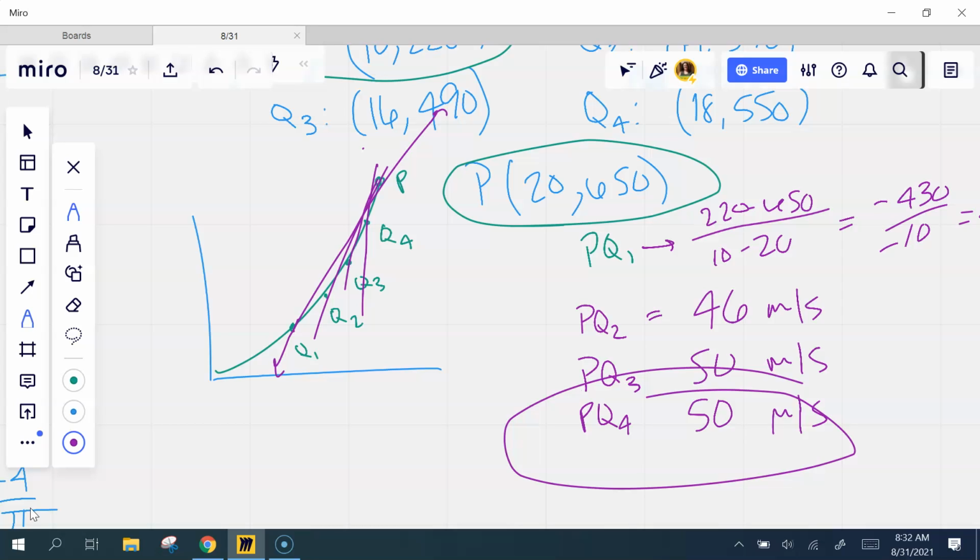If you wanted to, you could say P is at 2650, so maybe estimate at a point like 19.9 and find it there, but you're still going between two points as opposed to the limit.